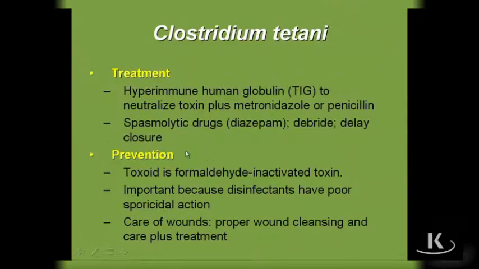Now, this is one of the agents that we do have a vaccine for, okay? And remember I told you when there was an organism that we could cover through vaccination, you had to know the vaccine and what type it was. So in this case, this is part of the DTP vaccine, and it is a toxoid vaccine, which means it's tetanus toxin that's been chemically inactivated so that it no longer can cause disease, but we didn't denature it with heat because that would undo all of the antigenic structures of the toxin.